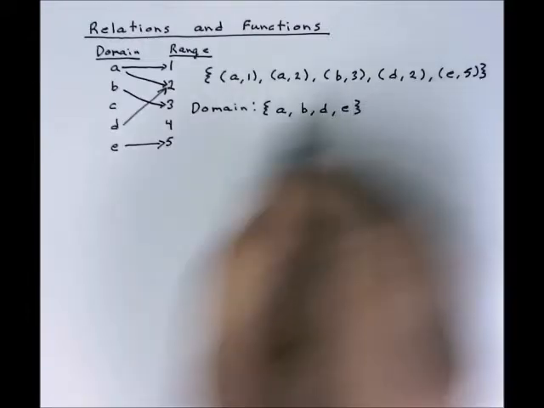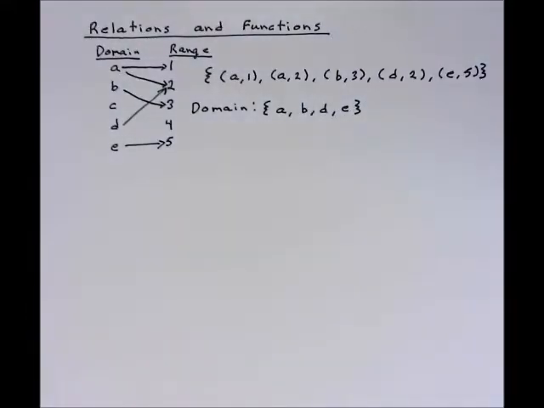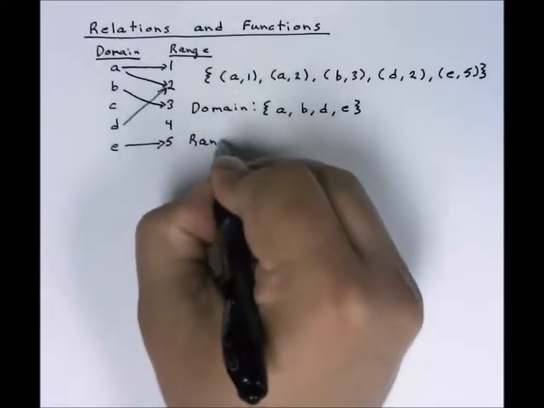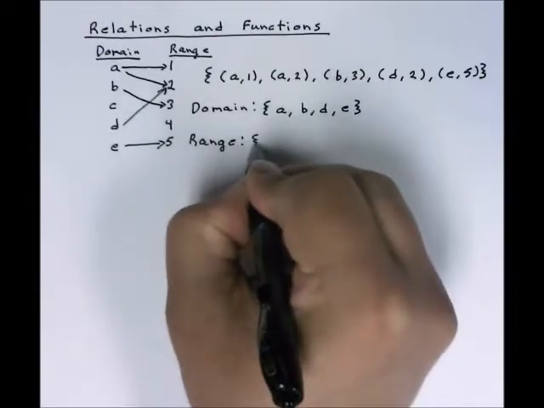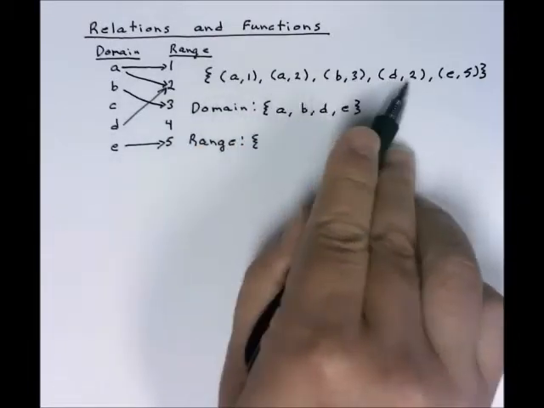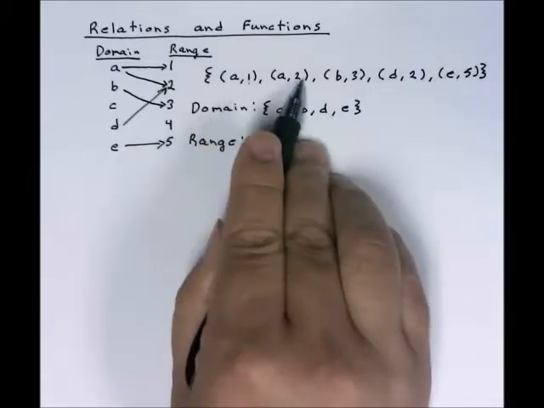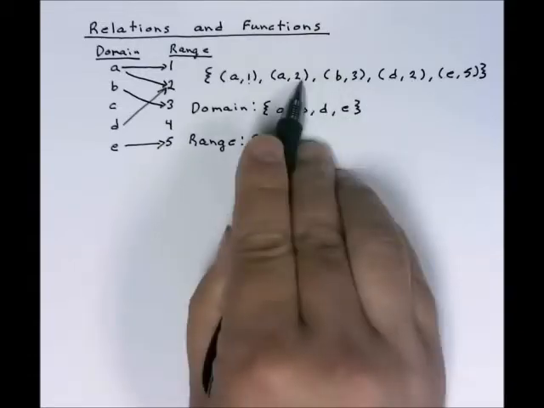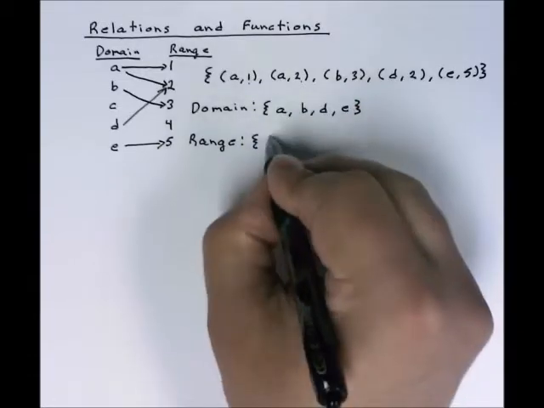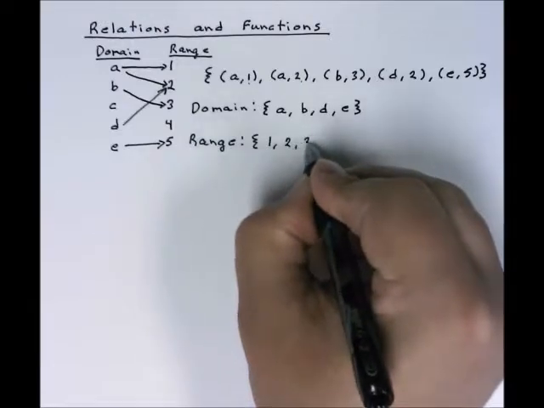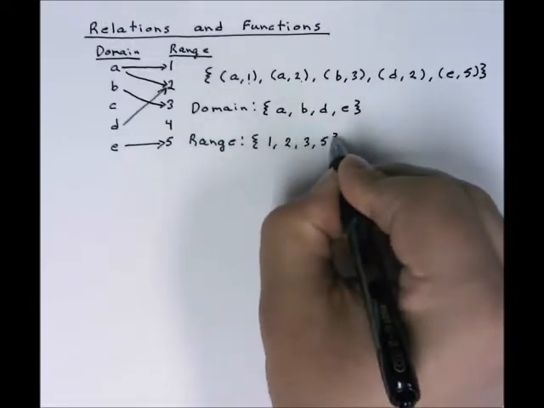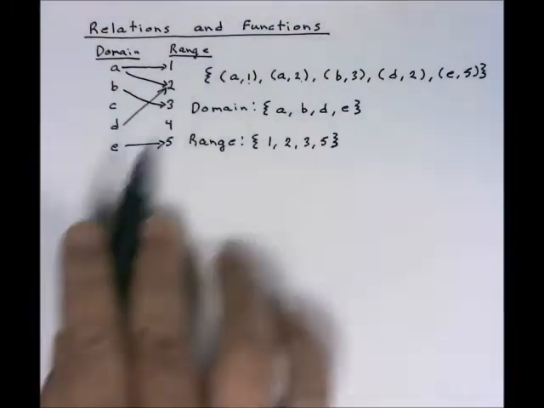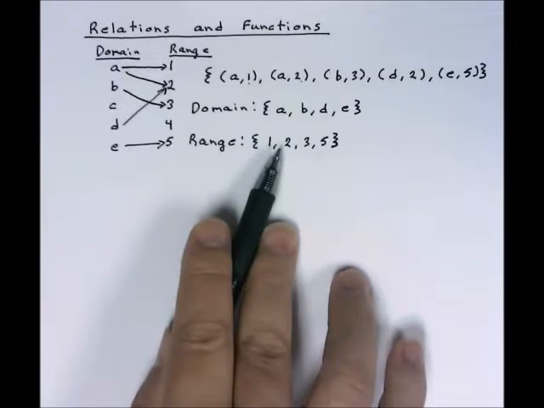So the domain of this function is A, B, D, and E. Range is pretty much the same thing, except instead of the first elements, we're looking at the second elements. So the range is going to be 1, 2, 3, and 5. Because the 2 repeats, I'm only going to put it down once. So we've worked with our first relation, and we found its domain and range.